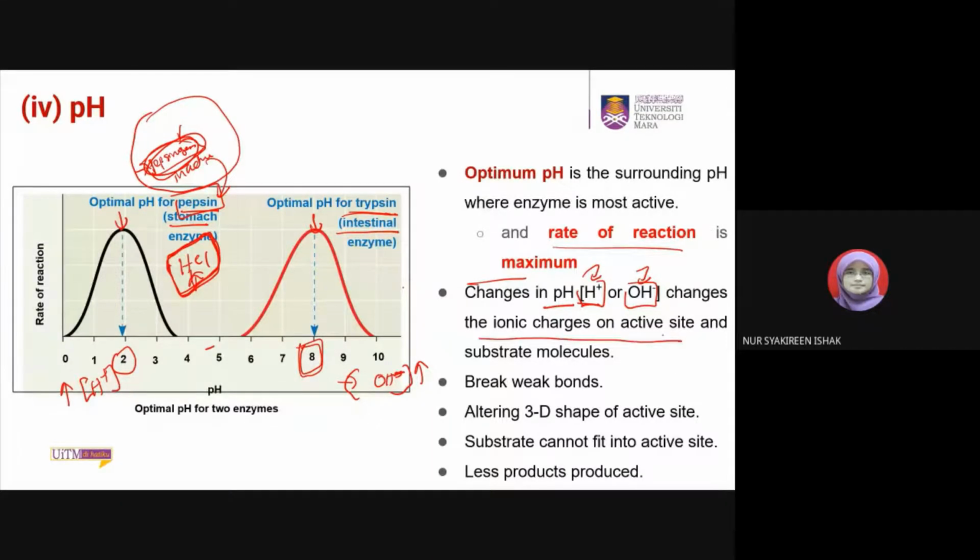We have learned that the enzyme is made up of globular protein, which is made up of chains of amino acids. Each amino acid has a side chain, the R group.